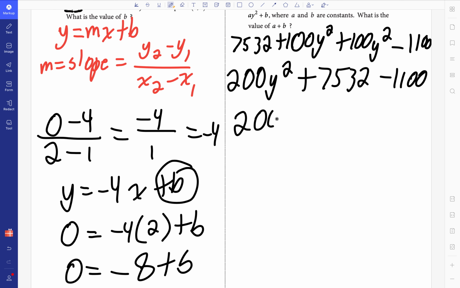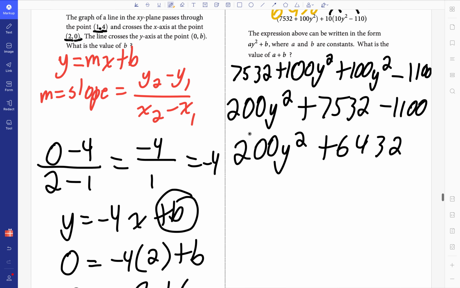Okay, so 200 y squared plus 6,432. Now, they're not asking us to simplify, so let me put equal signs and let me put this line in green to separate these two problems.